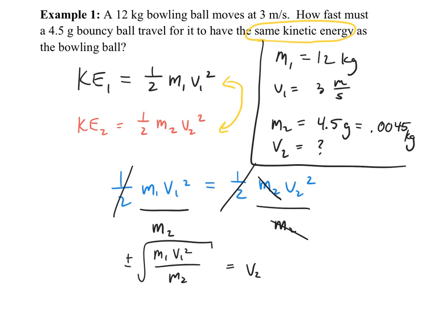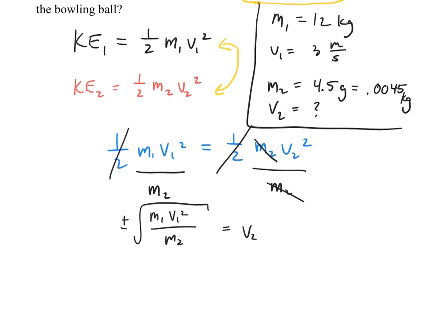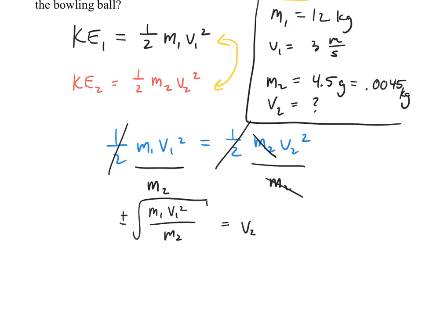Please remember, although I'm showing you it this way, if you want to plug in numbers early, you absolutely can. If you want to plug in numbers all the way up here, and find the kinetic energy, and then later on use it to find the velocity of the second object, that's totally fine. I'm just trying to show you guys new ways to do stuff that I think is a little easier. So what does this become?